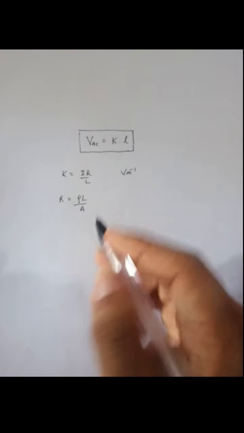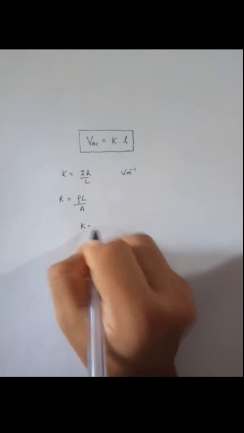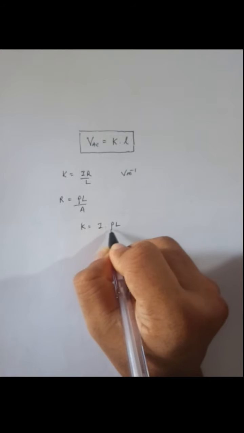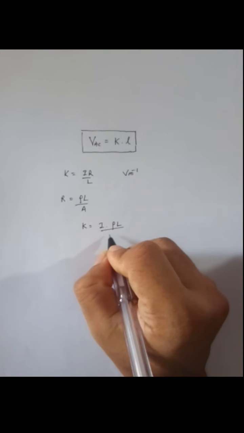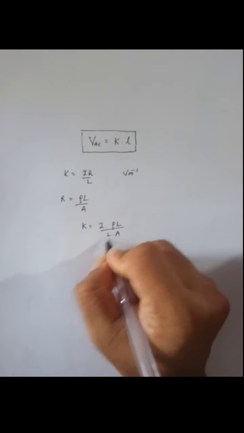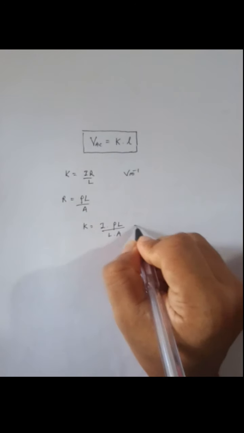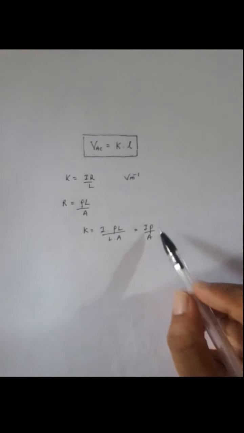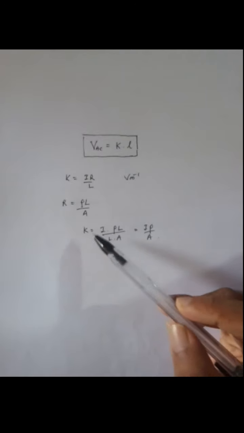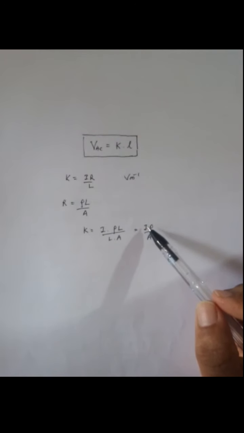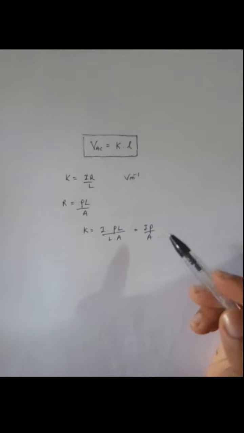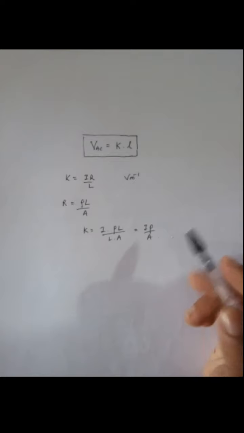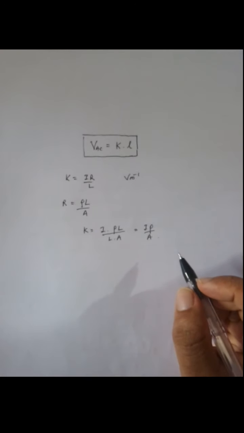So from these two equations now I can write K equals I rho L over L A. Here L cancels off, so I get K equals I rho over A. And from this equation we can see that the potential gradient depends on the current passing through the potentiometer circuit, the resistivity of the potentiometer wire, and the cross-sectional area of the potentiometer wire.